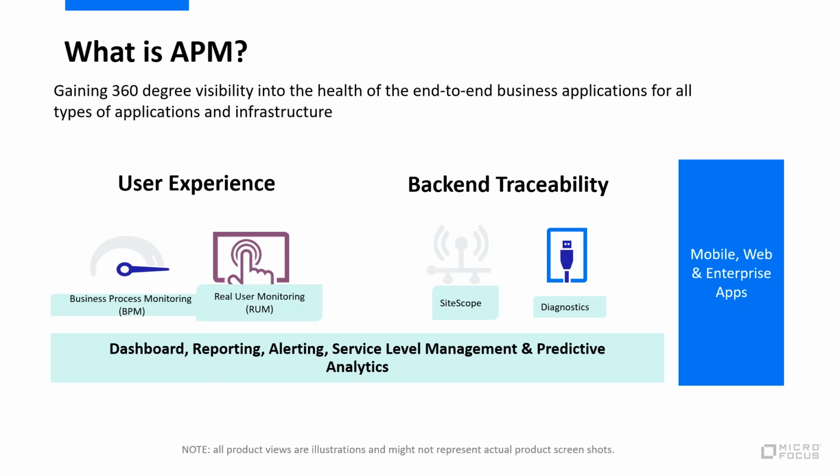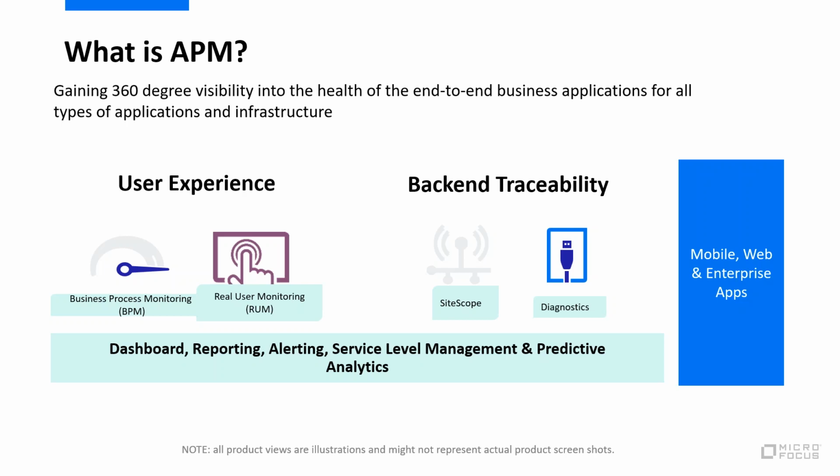User experience mainly depends on BPM and RUM. These two tools are used to monitor the user experience, mostly the UI and the application and business logic related stuff: business process monitoring and real user monitoring, as we call them.